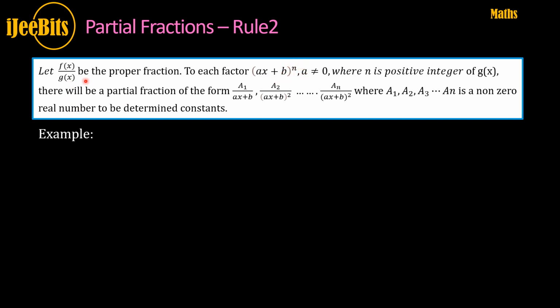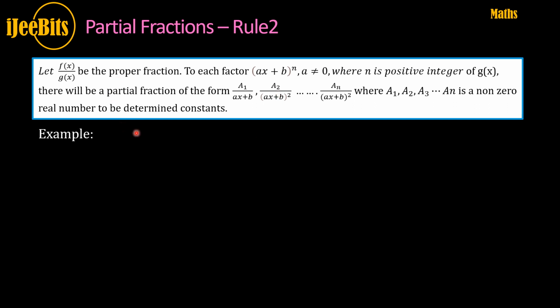In that case, there will be partial fractions in the form of A1 by ax plus b, A2 by ax plus b whole square, and so on, up to the nth term, An by ax plus b whole power n, where A1, A2, A3, A4 till An are non-zero real number constants. This is how we have to understand it.